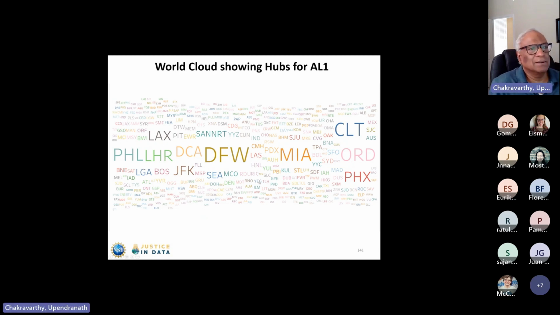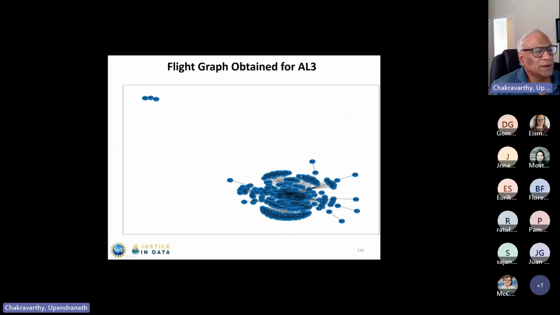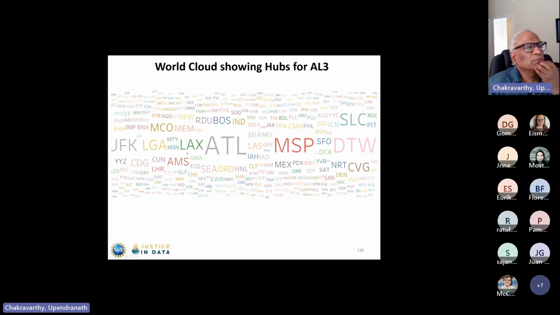This is for AL1. This is for AL3. This is a little more difficult to see, but you can see it from here.